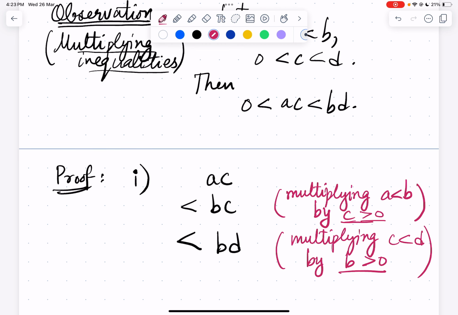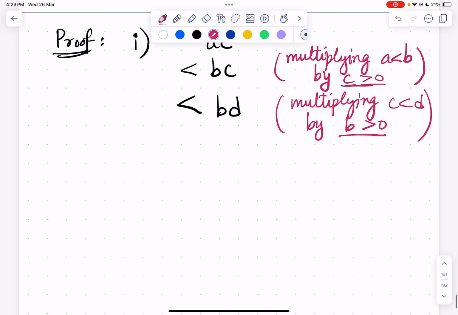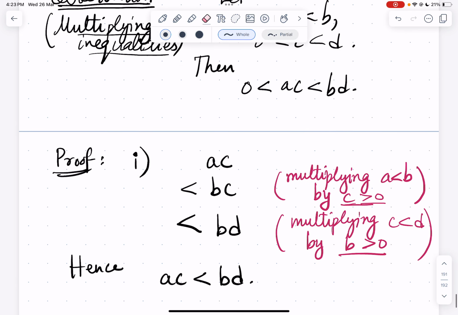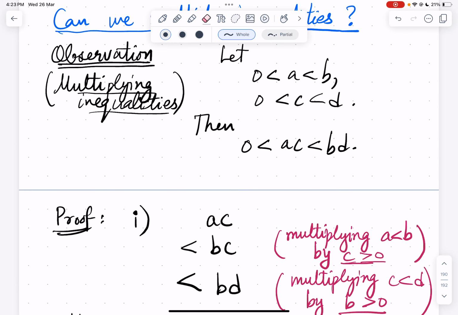Hence, AC is less than BD, right? So we showed that if we have 0 less than A less than B and 0 less than C less than D, then we can say 0 less than AC less than BD. We can multiply inequalities as long as all the terms involved are positive.